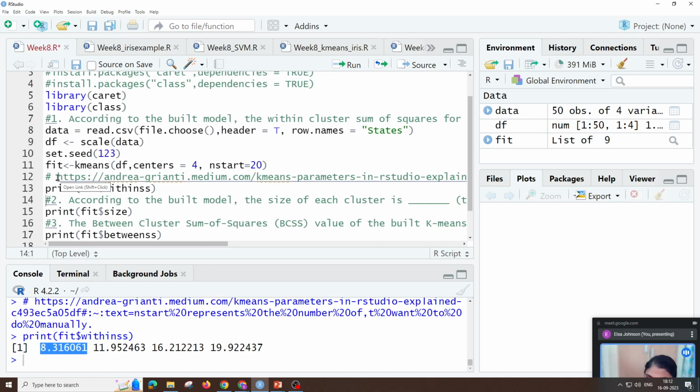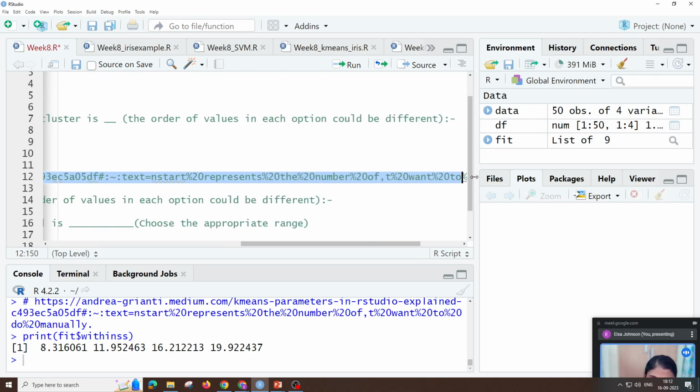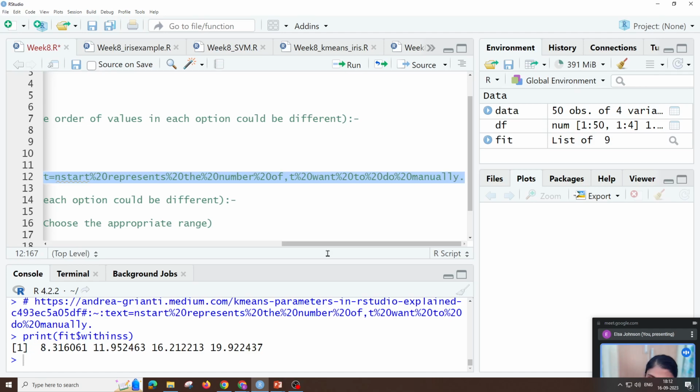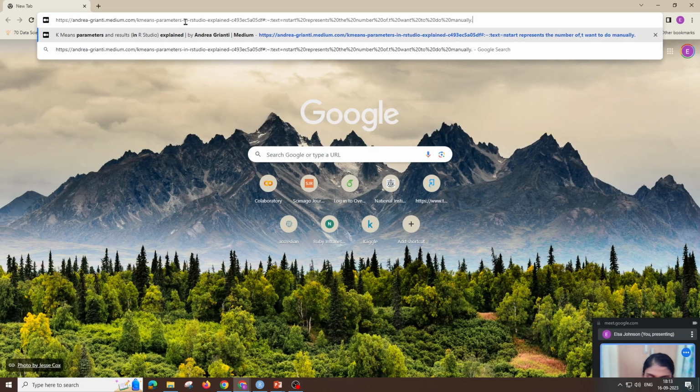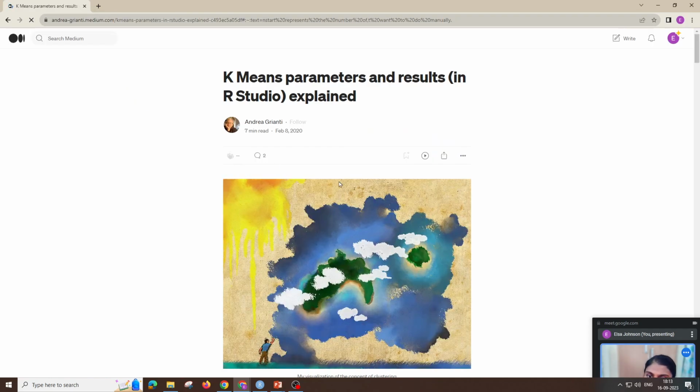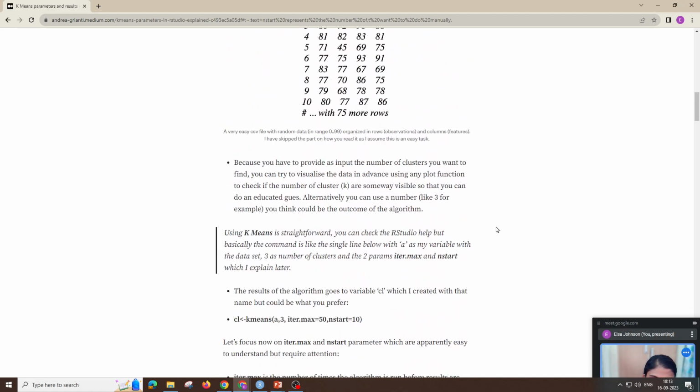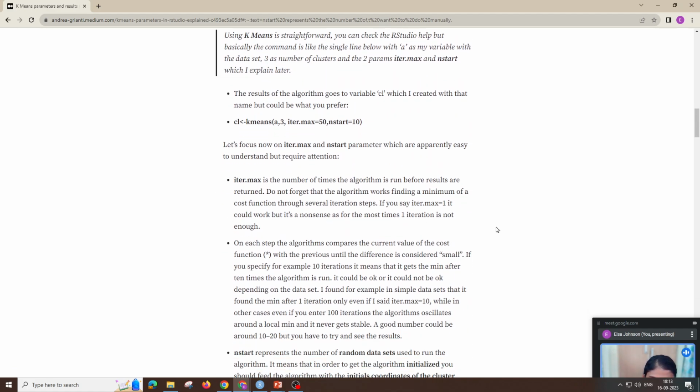Okay, so for more clarity, I will go to this link, the k-means parameters and result. Using this, I'll explain the different parameters present.